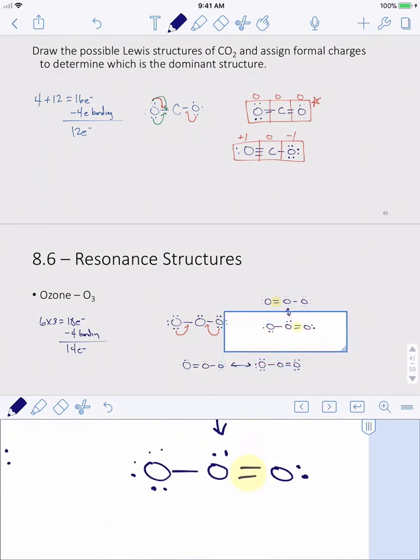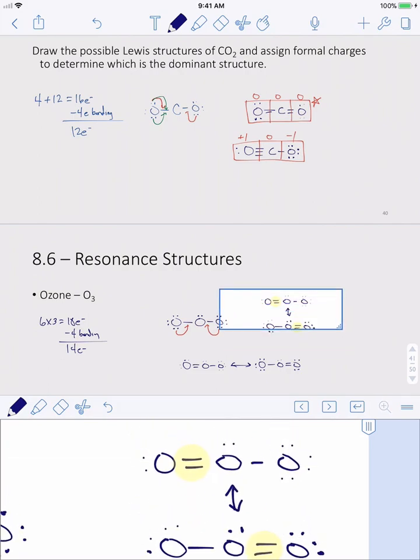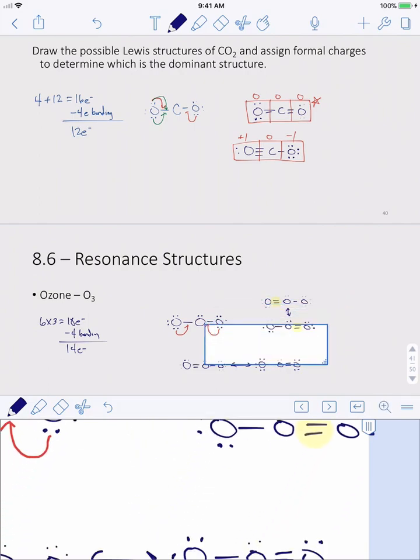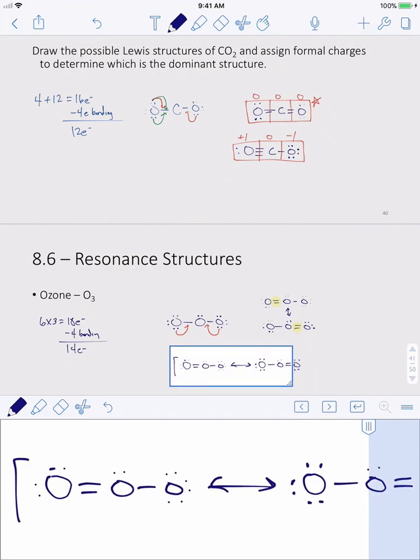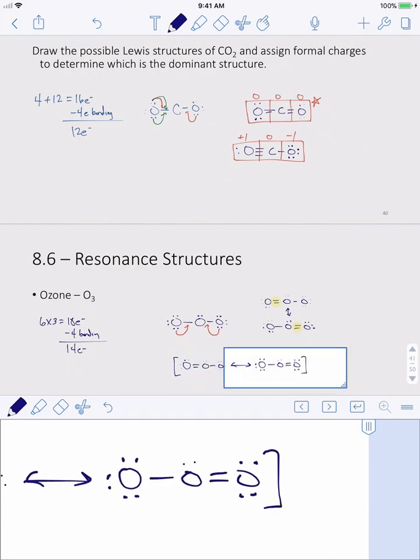My fault, I forgot these up here. Okay, and then we would draw a bracket around these to indicate that they are resonating between the 2.